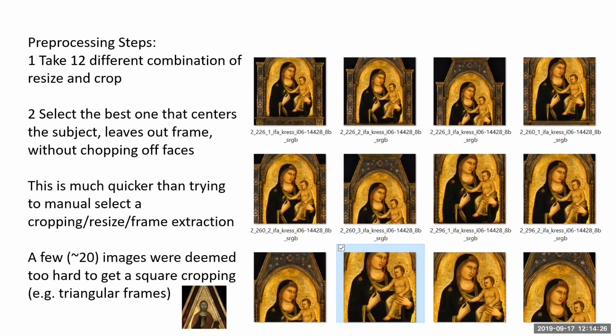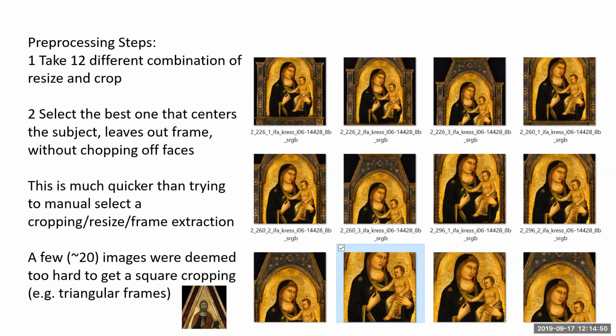The reason we wanted to cut out frames is that if we don't, it turns out to be a really dominating feature for the convolution networks and for the edge detector kinds of analysis. What I'm showing you here is the 12 different resizes and croppings. The third row, second column seemed to me like the best trade-off, so there's a little bit of subjectivity here.